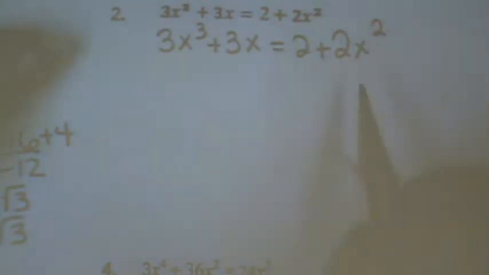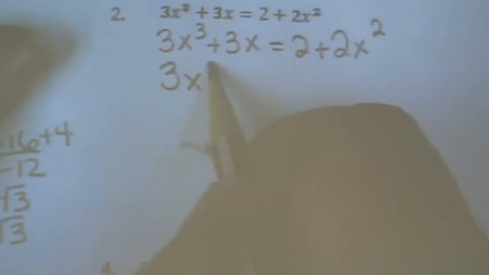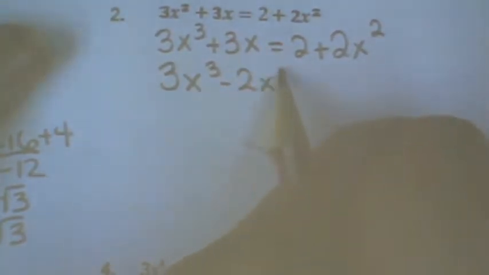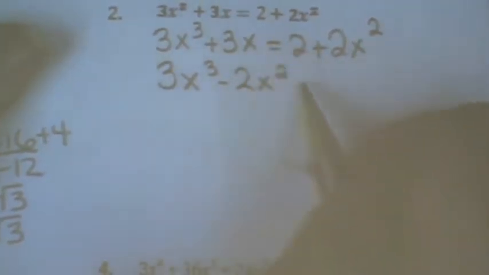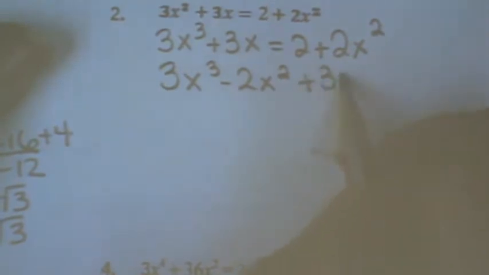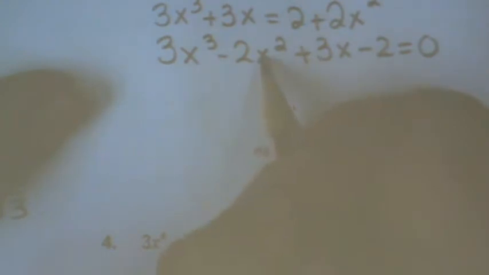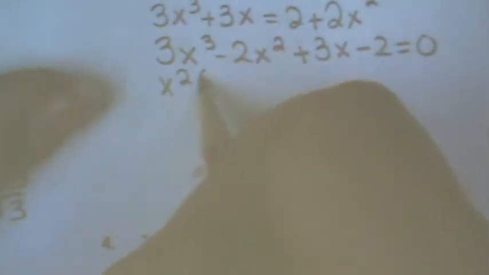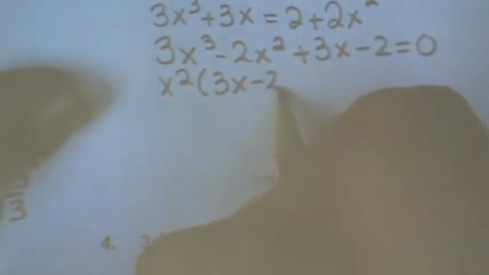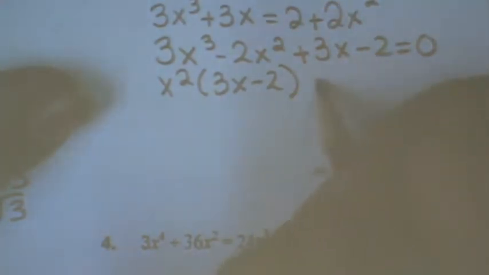So what you're going to do is bring this over to this side. And bring this over. Now I would do factoring by grouping. I'd pull out x squared. You're left with 3x minus 2. And this is 3x minus 2, so it's 1 times 3x minus 2.